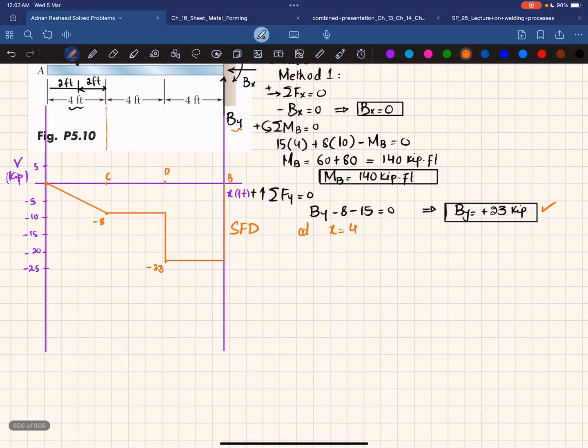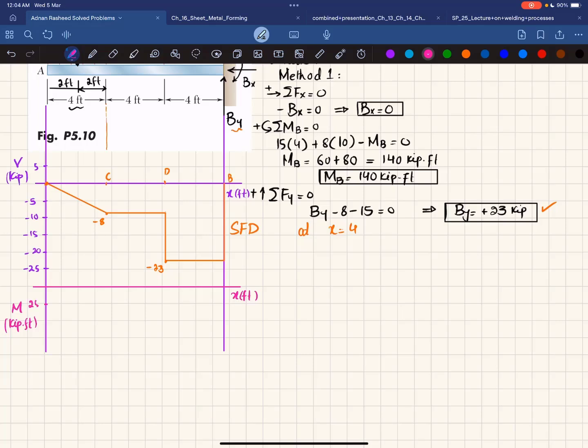So for bending moment diagram, again, what I have to do is that I have to draw a horizontal line to show x in feet. And on y-axis, you have moment that will be kips into feet. Okay. Let's take 1 division is equal to 25.